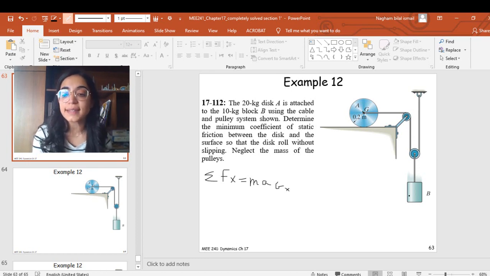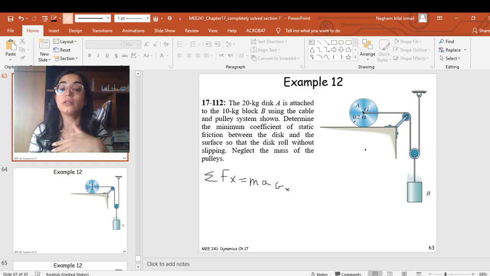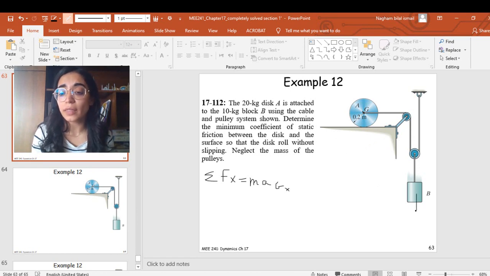I know, guys, that since this mass here is vertical and since this mass here is horizontal, there is a gravity here.